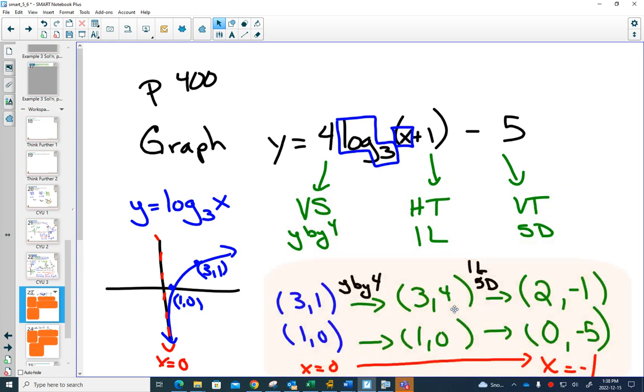Okay, I'll put up the points to see if your points got shifted in the right direction.